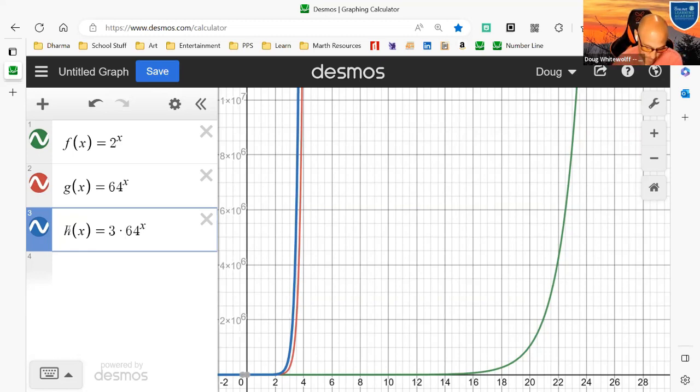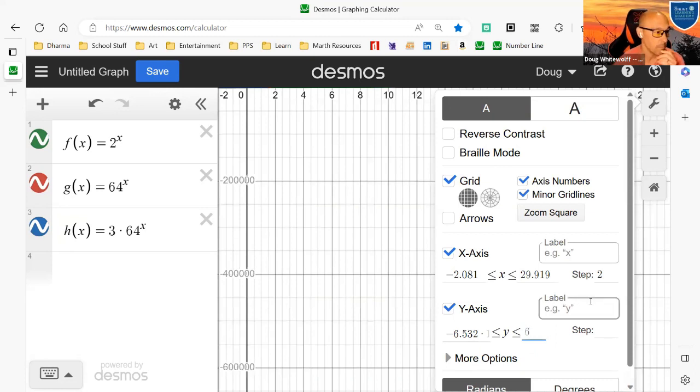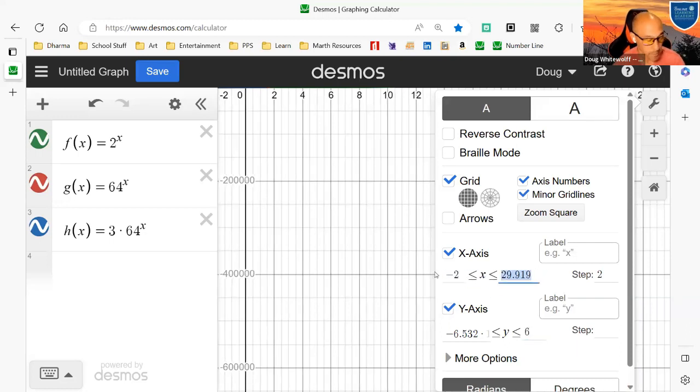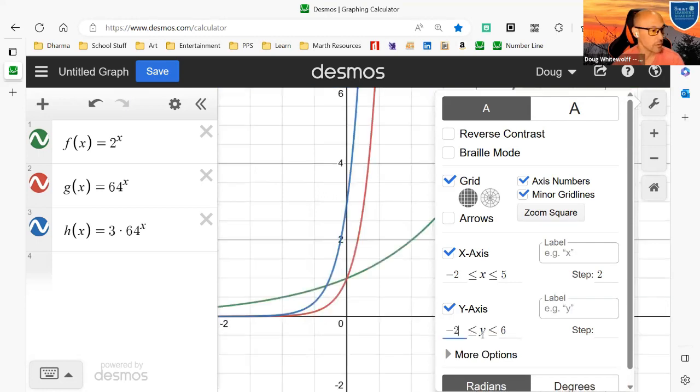So this, remember, is the y-intercept. So if we zoomed in really close on the y-intercept, we'll see that they cross the y-axis at a different spot. So let's do that. Let's go from -6 up to +6, whoops, that's not what I wanted. Well, I can do this from -2 to +5, and do this from -2 as well.